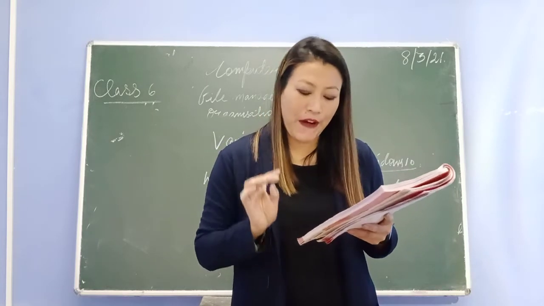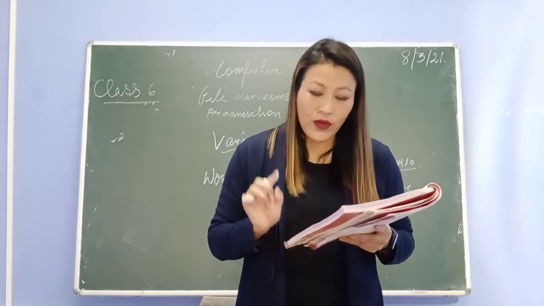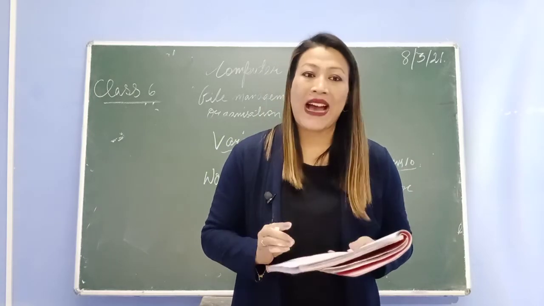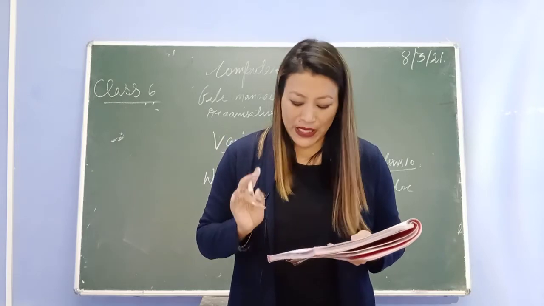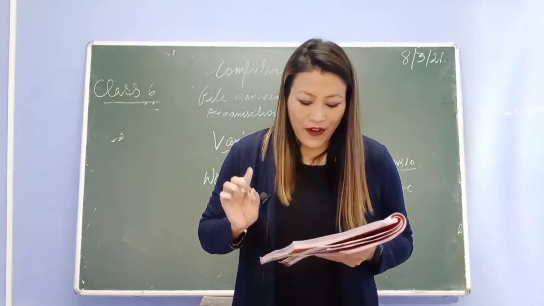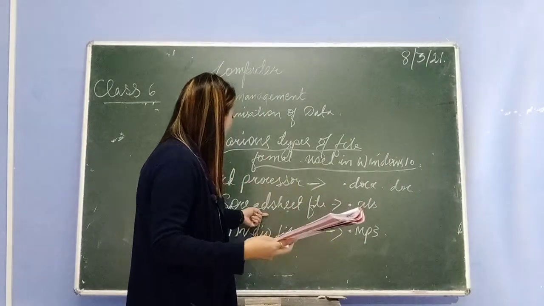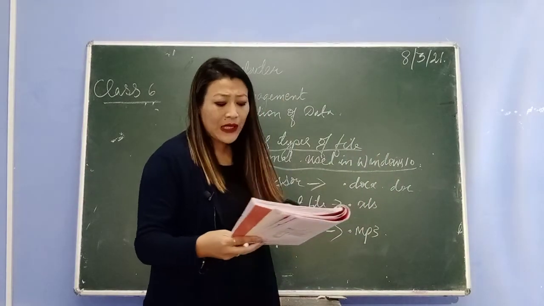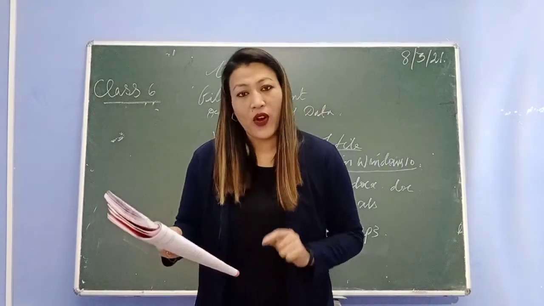So children, it is there on page number 21. Have a look at your book. If you don't have it, I have already sent you the PDF. You can refer to that. Page number 21, various file formats used in Windows. Here I discuss the word processor, spreadsheet, audio, and then the video file, which will be saved as AVI or MPEG.